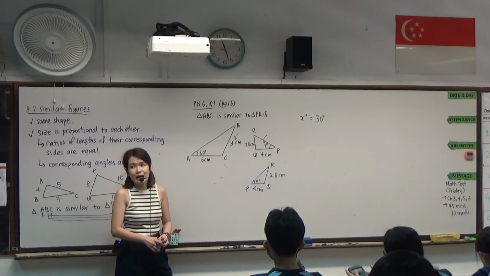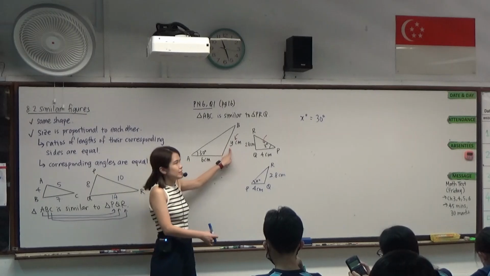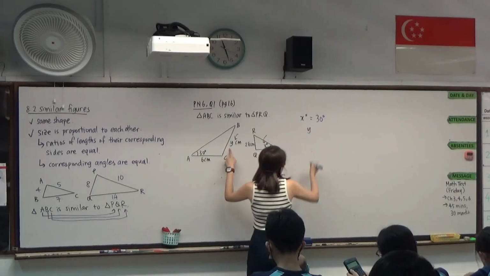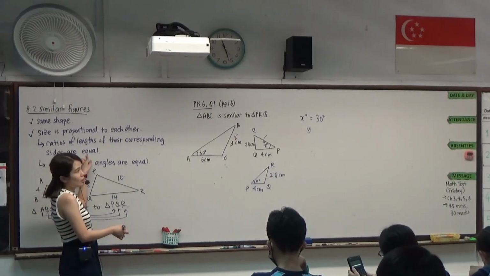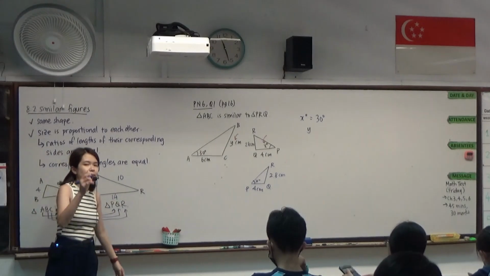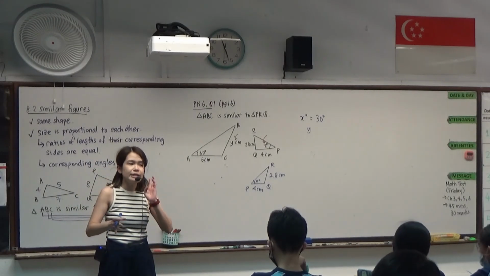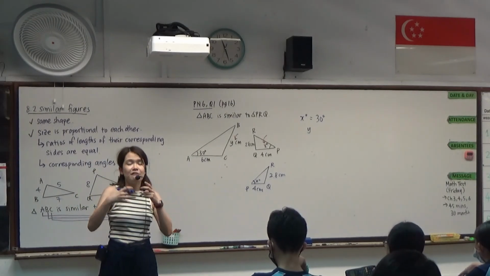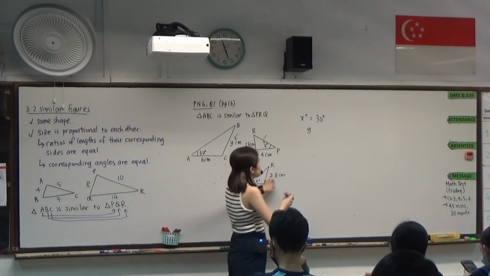How do we present our answer? That is the problem. Y is what I want to find. We're talking about the ratios being equal. When I use the word ratio, I don't always mean the one with the two dots. Ratio is an interchangeable term with fractions as well. So Y corresponds to 2.8.